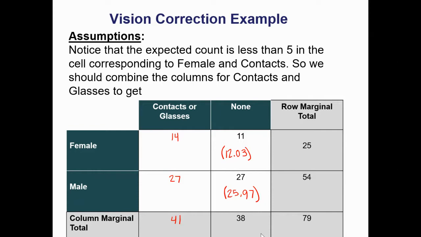But now we've got to get the counts for the first column. So I'll do 25 times 41 divided by 79. So what would that get us? 12 point, what were we saying? 96. Okay. And that's the rounded answer.